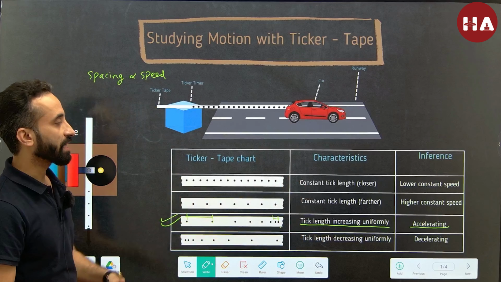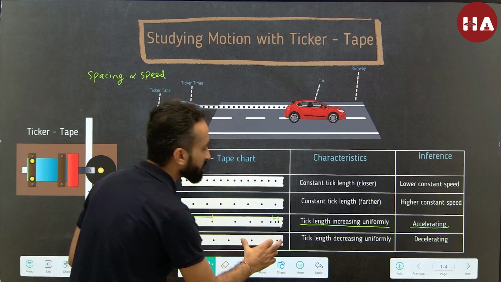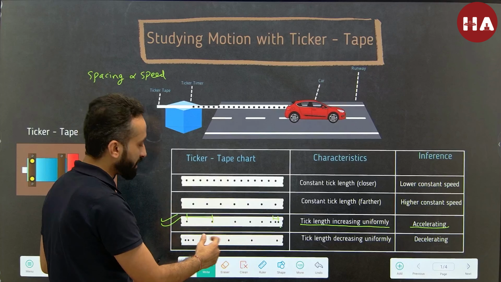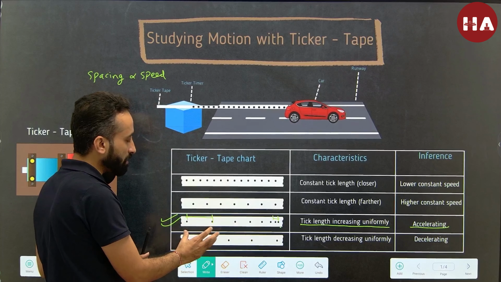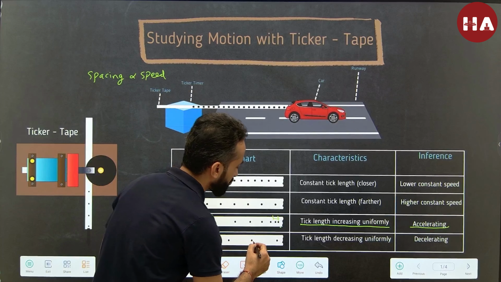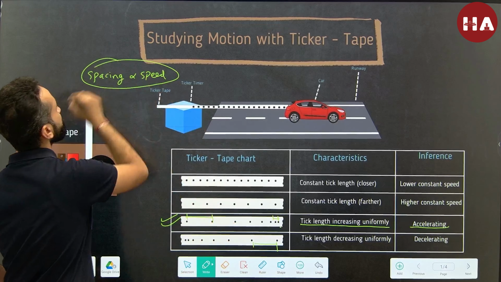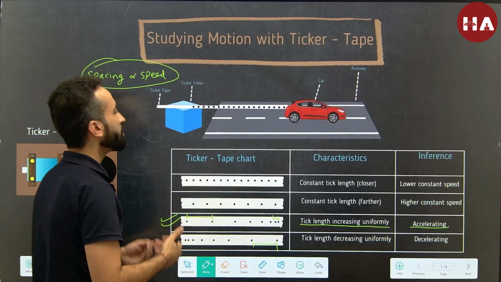The next case and the last possibility that you can have: what if initially the spacing is more and then the spacing is becoming less? So what does that mean? Initially the spacing is more, that means the speed is more. Again focus on this, spacing is proportional to the speed.